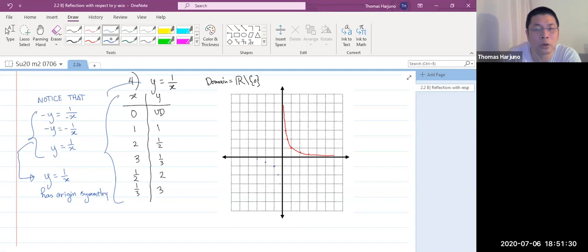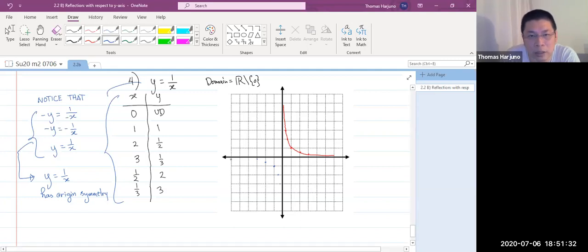Okay, so now this is still part of the graph of y equals 1 over x. So it actually looks like that. The graph of 1 over x looks like that.